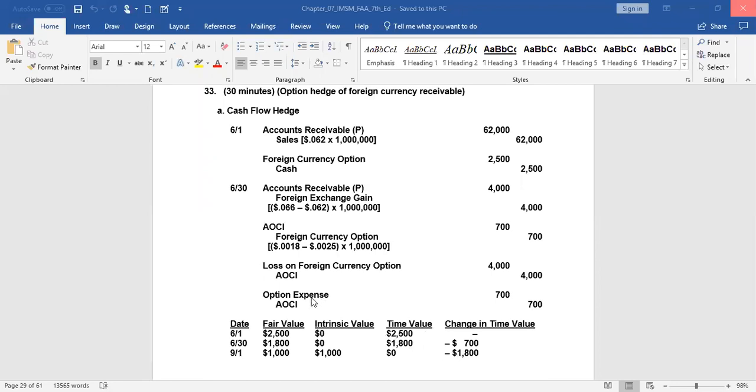Debit option expense, credit the accumulated other comprehensive income account. So we use that AOCI account to help us gather up these differences due to foreign currency translation.